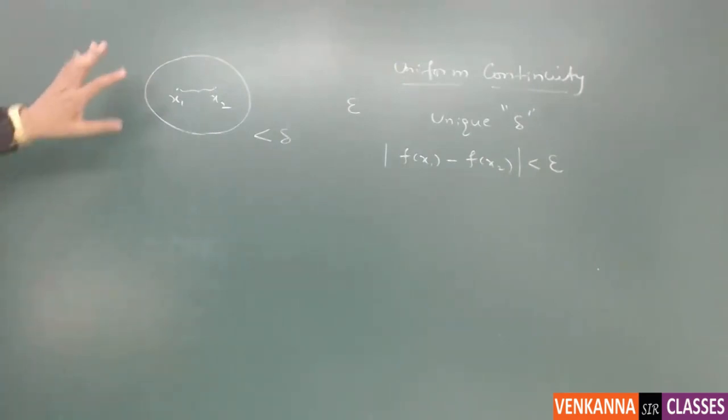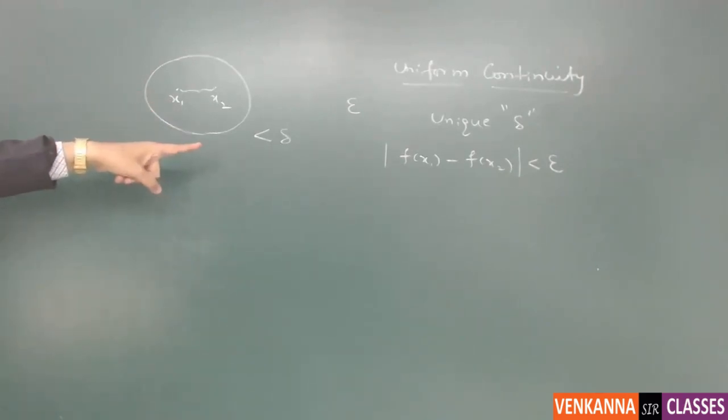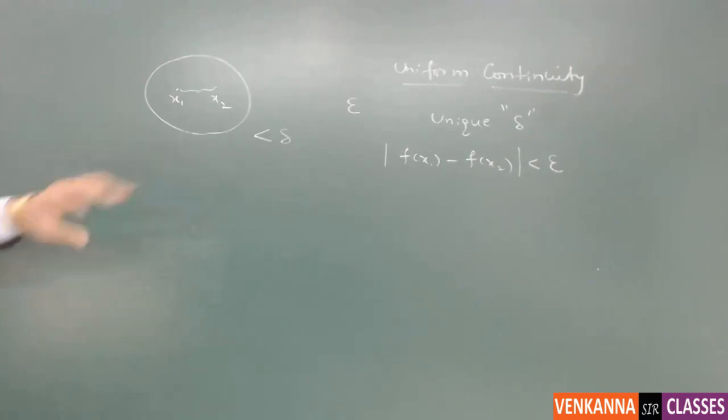So this is the concept of uniform continuity. In the domain of f, we are selecting any 2 points such that the difference between them is less than delta, then automatically the difference between f of x1 and f of x2 will be less than epsilon. That is the concept of uniform continuity, right?